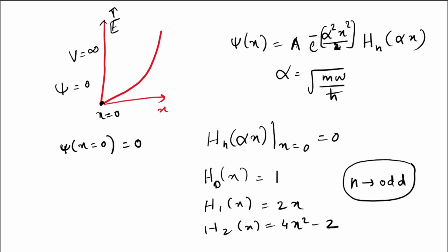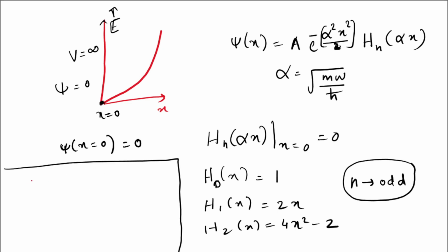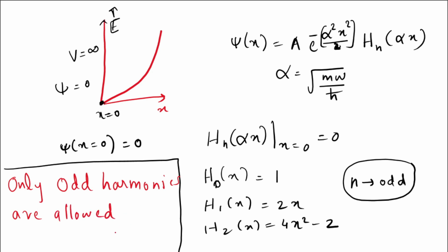That can only happen when the Hermite polynomial at x equal to 0 is 0, and that happens when n is odd. So only those wave functions where n is odd are possible, which means only odd harmonics are allowed. Okay, so you have to answer it like this.